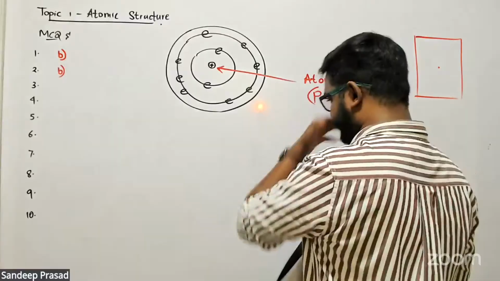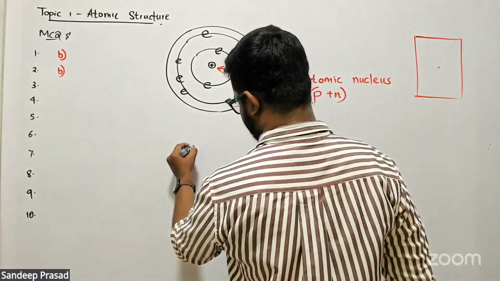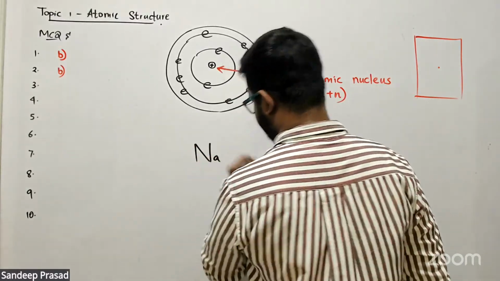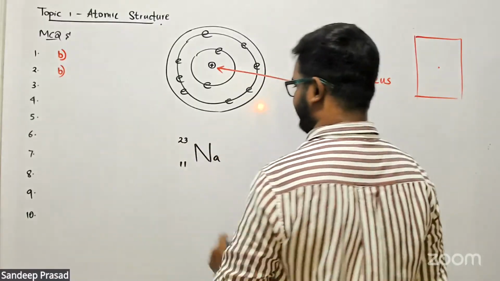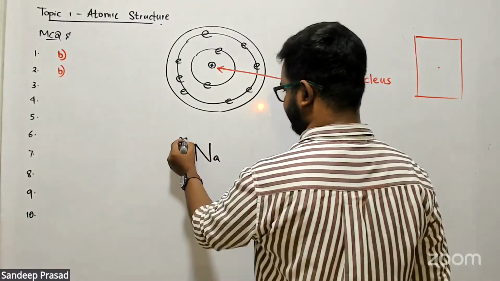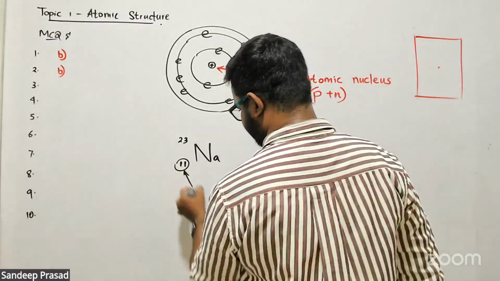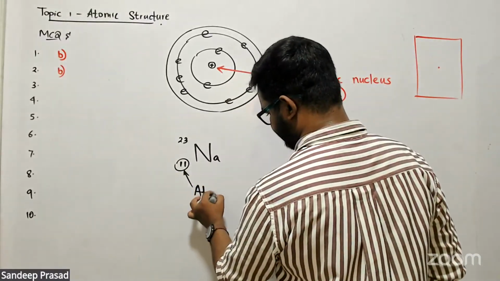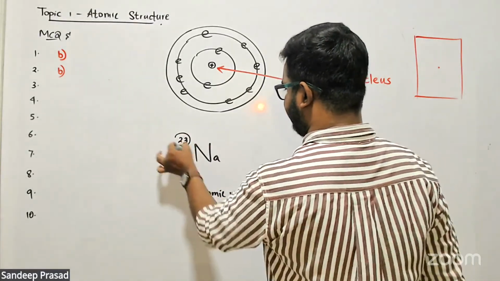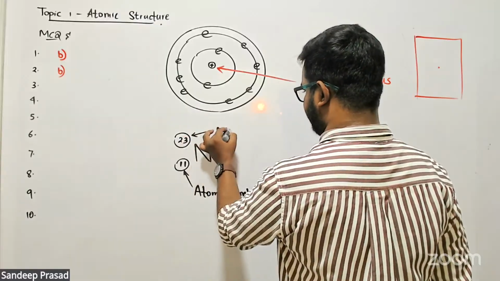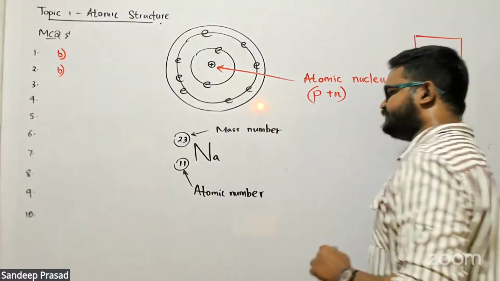Now, for an example, just consider sodium atom, here 11, and here 23. This 11 is representing the atomic number, and this 23 is representing the mass number.